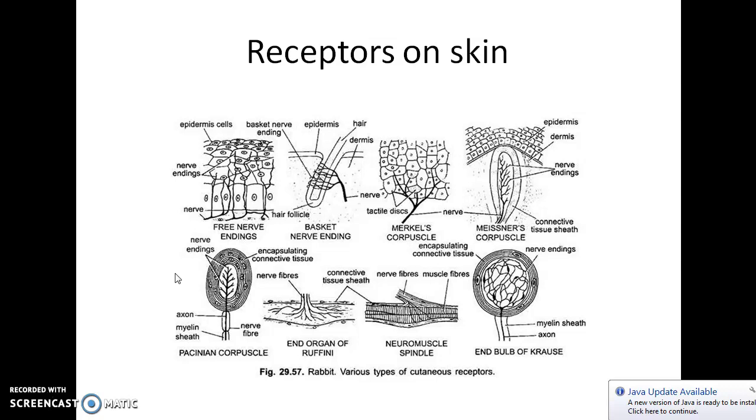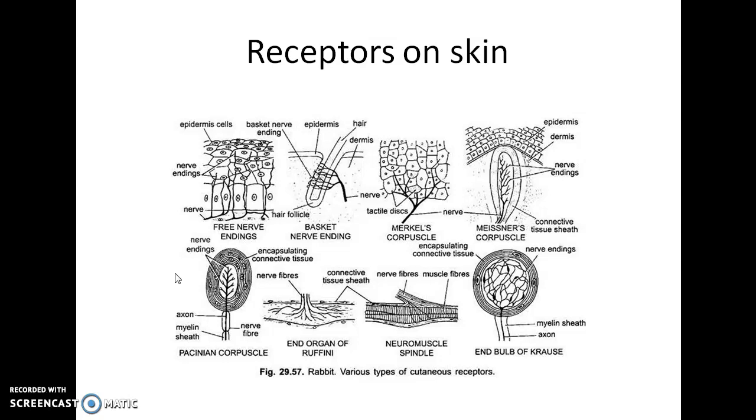Then there are Pacinian corpuscles, which are pressure receptors, and there are thermoreceptors, which include the end organ of Ruffini and Krause's end bulbs. Then there are algesireceptors or pain receptors.